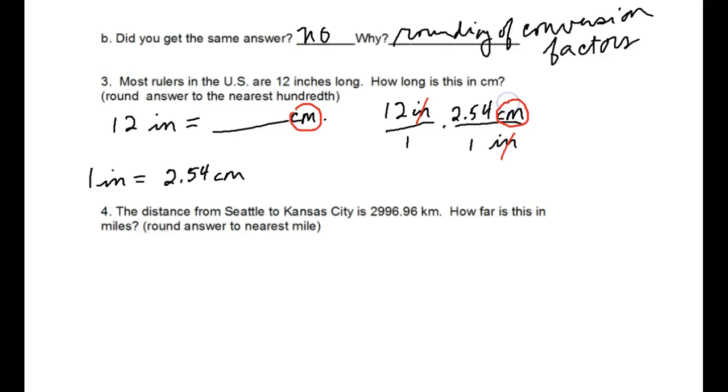That's correct. That means I got my numbers in the right place. I'll multiply 12 times 2.54 and get 30.48 centimeters. So 12 inches is around 30 centimeters, 30 and a half.